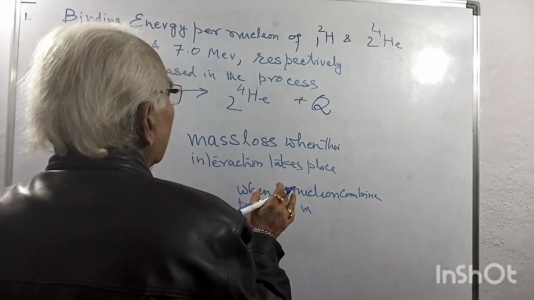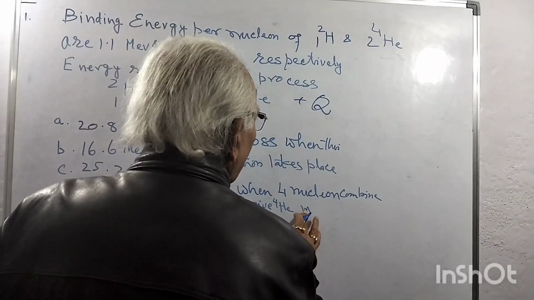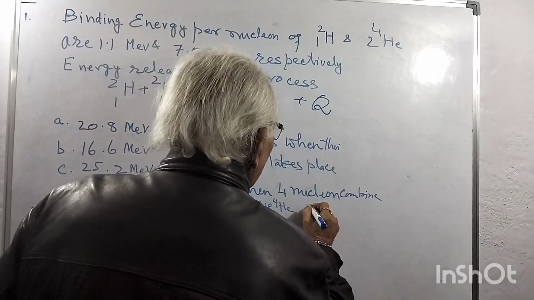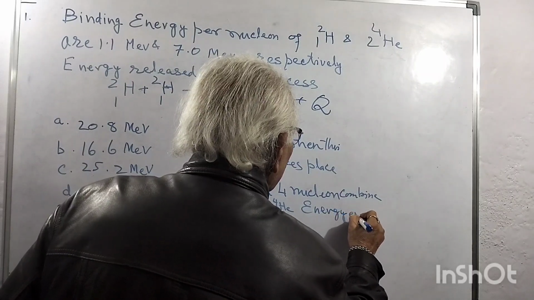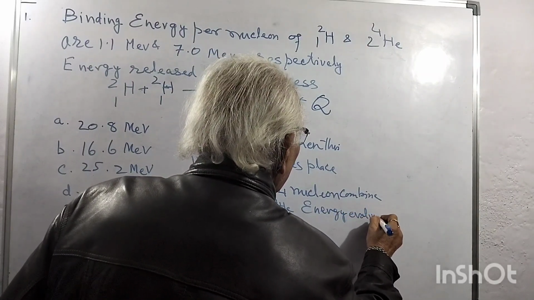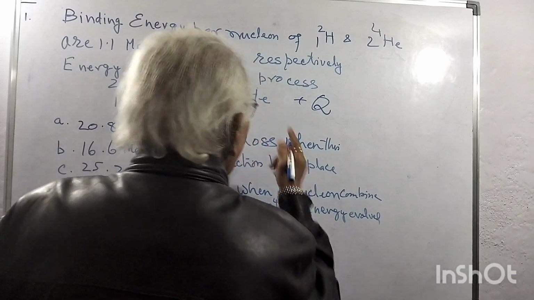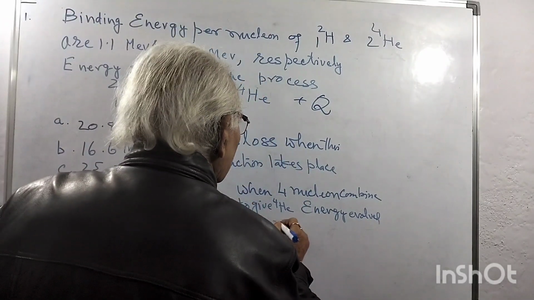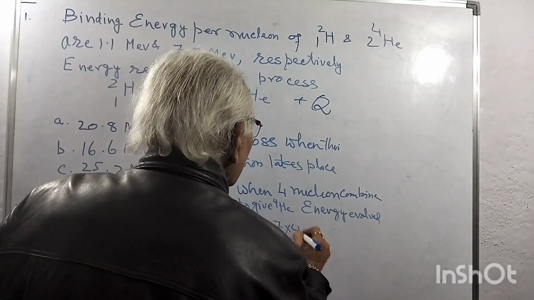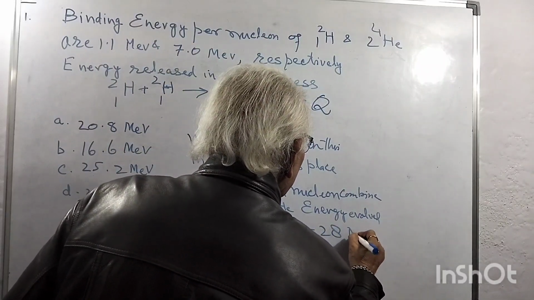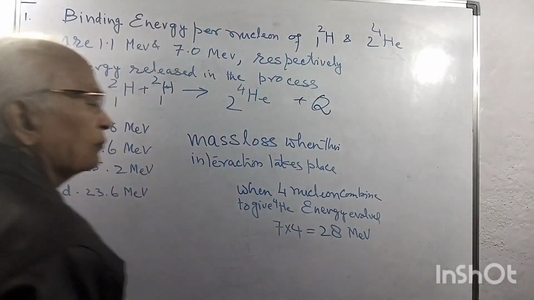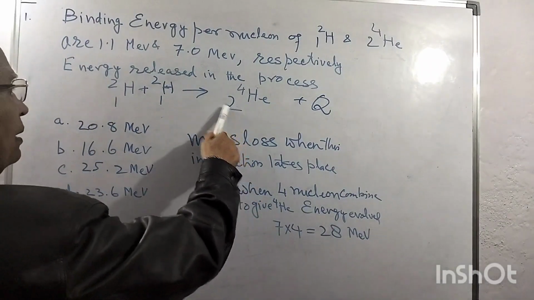On this side it is 28, the energy. Seven MeV per nucleon, so 7 into 4, because there are 4 nucleons, gives 28 MeV here.